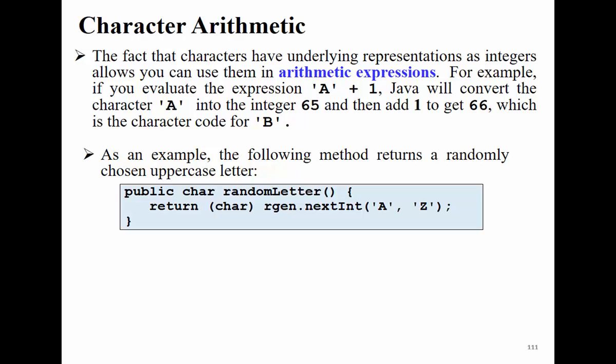We can generate a random character. We can ask the random number generator that we discussed in the previous lectures to generate a next integer between capital A and capital Z. It will return an integer number between capital A and capital Z, and this number we can cast back to a character.